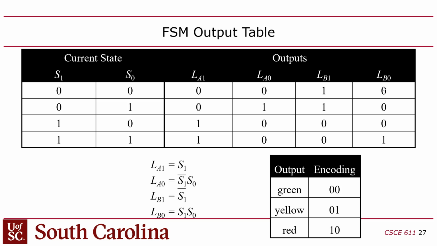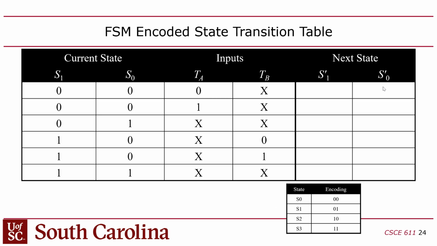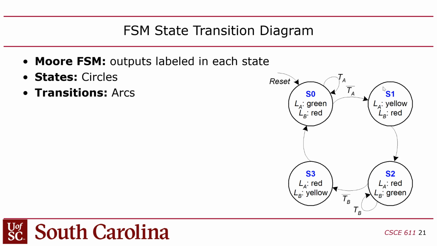So you can build another truth table that just does that. This is called the output logic. So we have the next state logic, which is concerned with the transitions between states, and we have the output logic, which is concerned with translating each state into its corresponding outputs.